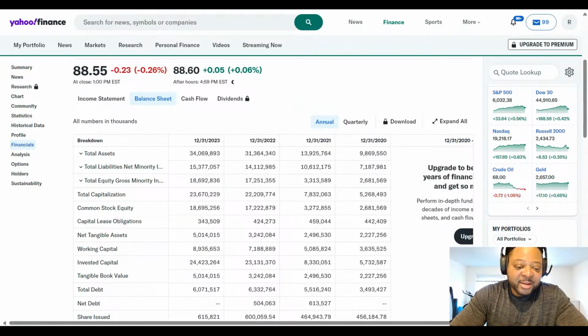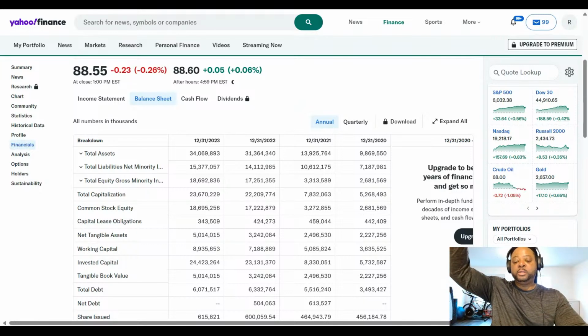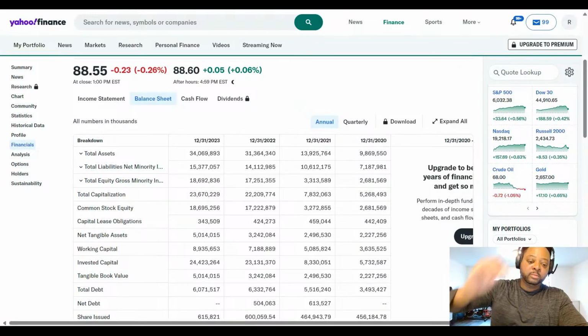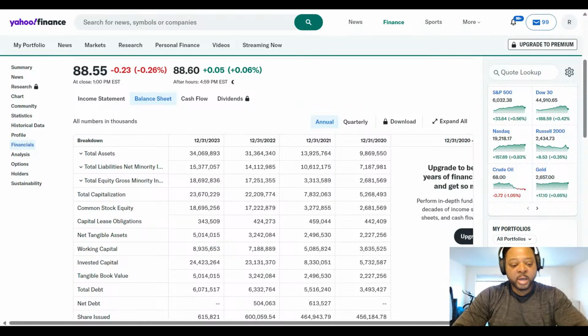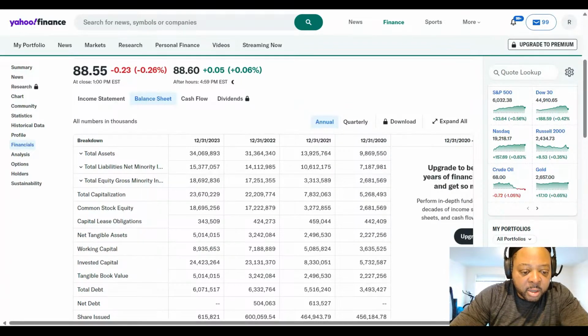All right, total assets. Hold on one second. I'm looking for net worth. Okay, well, total equity. I guess they're rewording it.